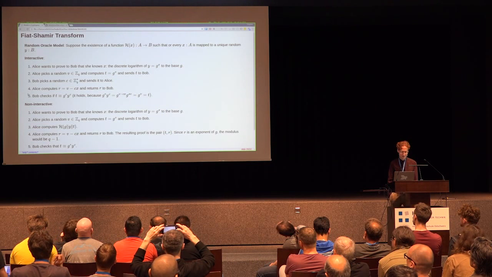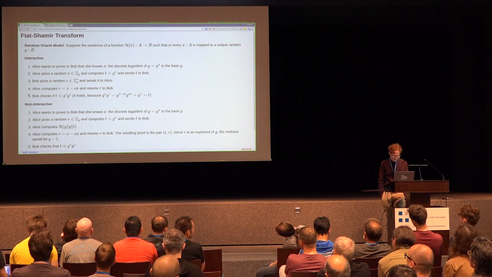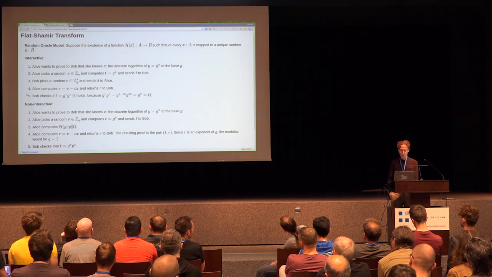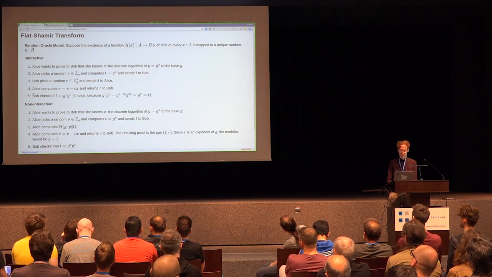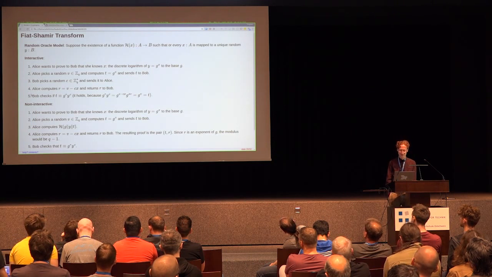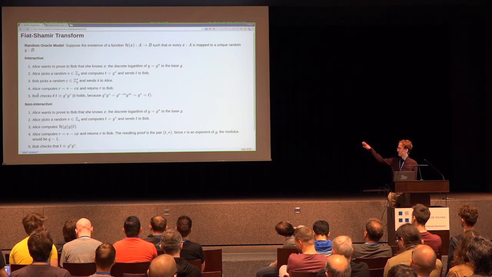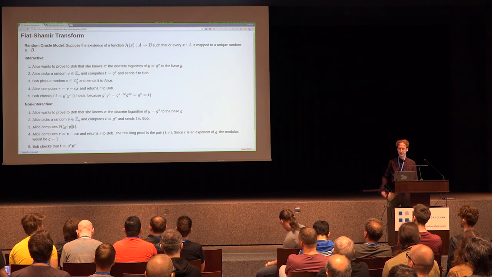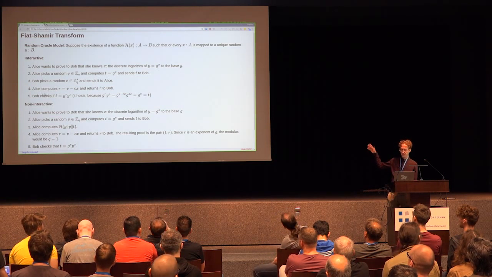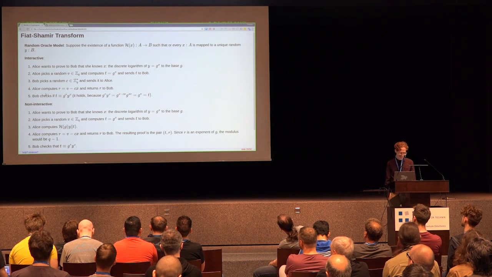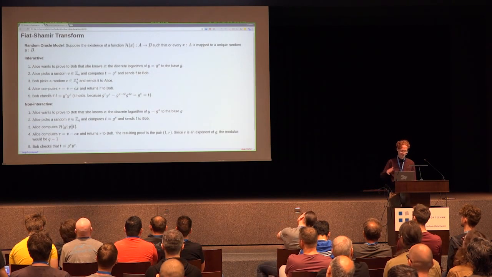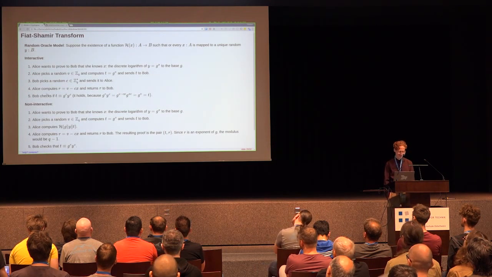So the assumption here is the existence of a function, which is a hash function, which maps every element in the domain A to a unique element in the domain B. And this model depends on the random oracle model, which assumes the existence of these functions. Whether or not these things actually exist is somewhat of a dodgy assumption, but in practice, things like SHA-256 can be computationally good enough that we can use them.